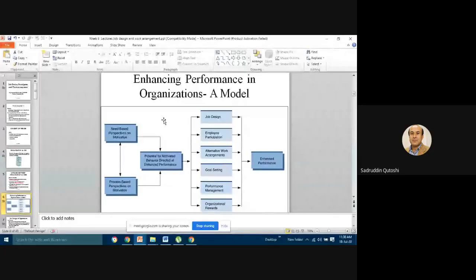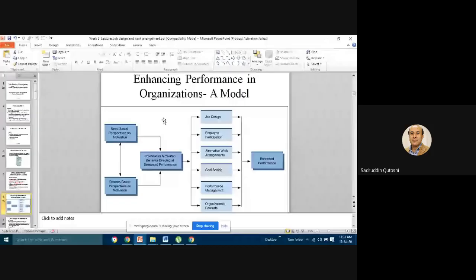So how can we enhance the performance of an organization when you have a structure, basic building blocks, the jobs, and the employees? You have designed a job based on your mission, and definitely you will hire people based on their knowledge, skills, and expertise, which the designed job demands.